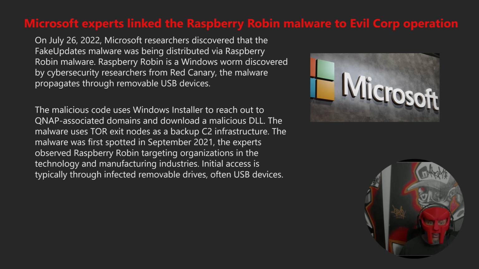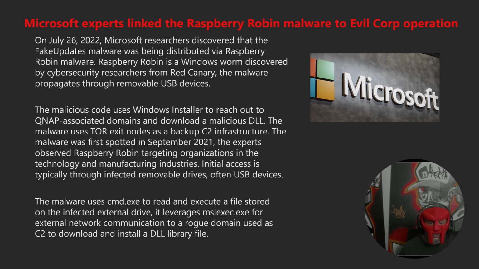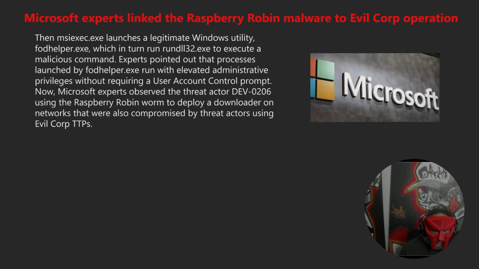The experts observed Raspberry Robin targeting organizations in the technology and manufacturing industries. Initial access is typically through infected removable drives, often USB devices. The malware uses cmd.exe to read and execute a file stored on the infected external drive. It leverages msiexec.exe for external network communication to a rogue domain used as command and control to download and install a DLL library file.